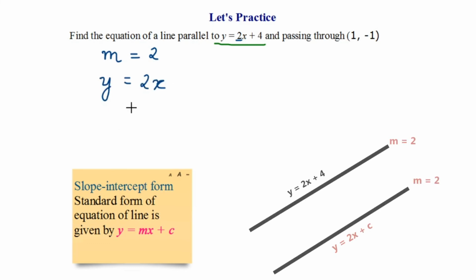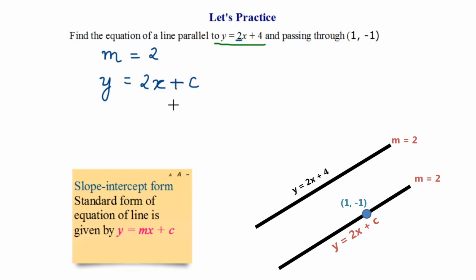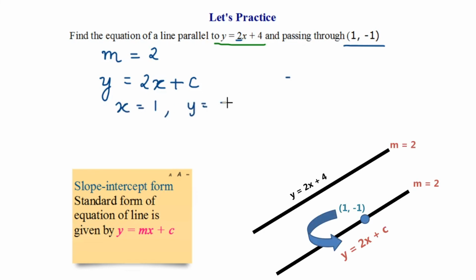So we can write that as y = 2x + c where c is still unknown. But we have been given that the parallel line passes through the point (1, -1). Now for this point the x coordinate is equal to 1 and the y coordinate is equal to -1. We can substitute these two coordinates in this line to get the value of c.